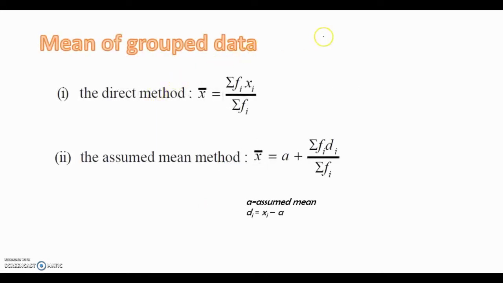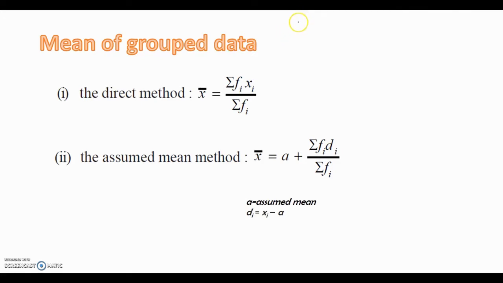So in the last session we discussed the introduction of statistics that we studied in class 9th, and also we understood how we can find out the mean of grouped data.